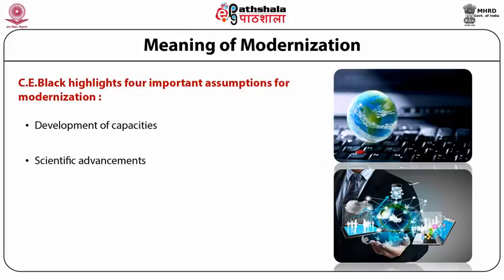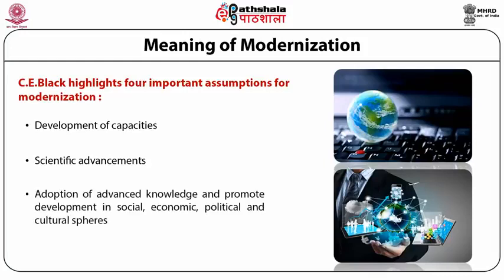The third important point that C.E. Black mentioned about modernity is about the adoption of advanced knowledge and promotion of development in social, economic, political, and cultural spheres. The fourth important point about modernity, according to C.E. Black, is that the state must make policies that inculcate modern democratic values.